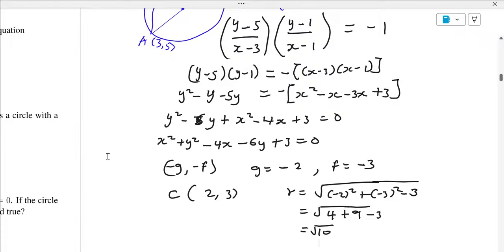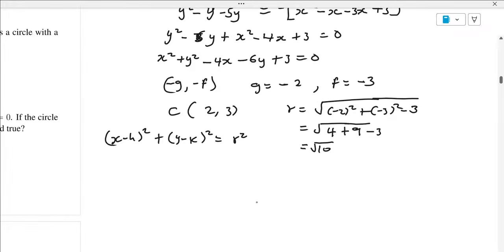Now, if we substitute everything into the standard form, which is (x minus h) squared plus (y minus k) squared equal to r squared, then what do we have? We have (x minus 2) squared plus (y minus 3) equal to square root of 5.